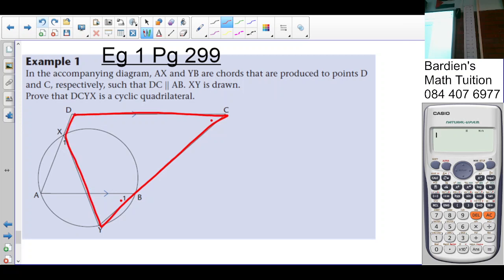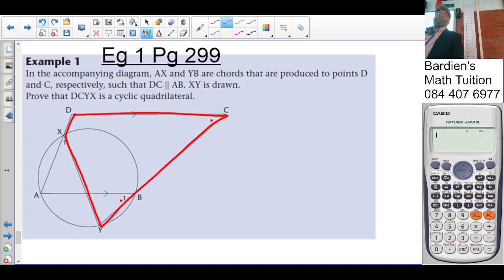So to prove a cyclic quad is one of three: equal angles subtended by the same chord, or exterior angle equal to the interior opposite, which is what we're going to do here, or opposite angles supplementary.